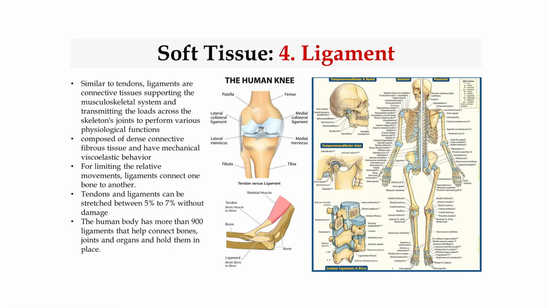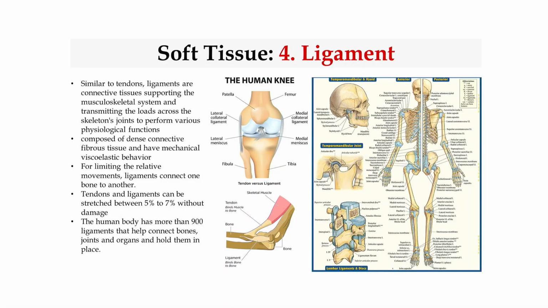Having said that, if you look at the anatomy picture on the right, if you break down the human body into half, anterior and posterior, anterior is basically the front half and posterior is the back half, you can see n number of ligaments out of these 900 which I just spoke of, right?